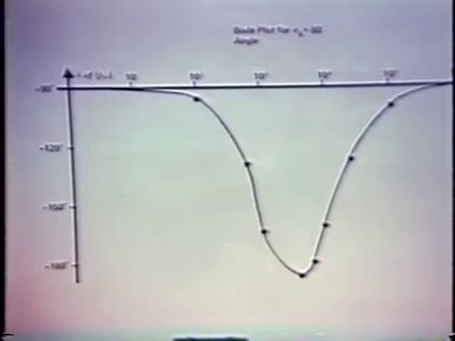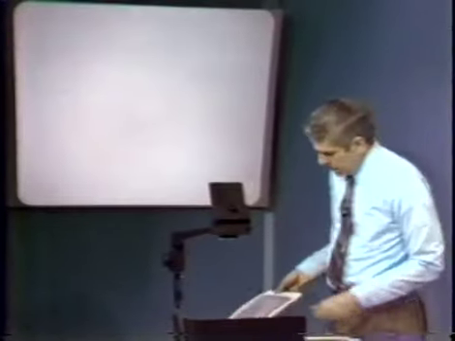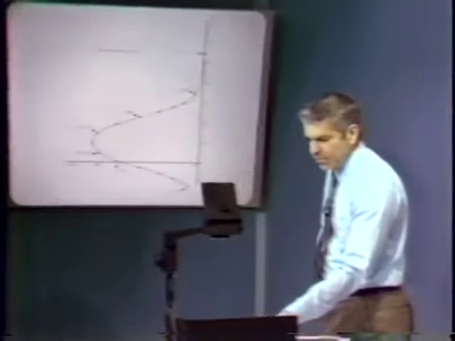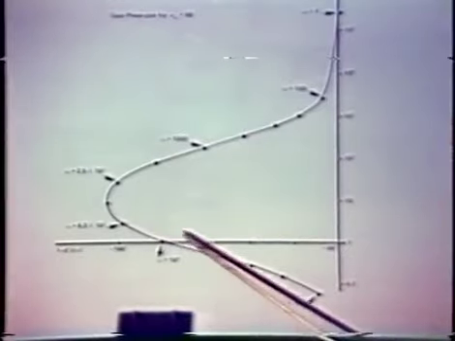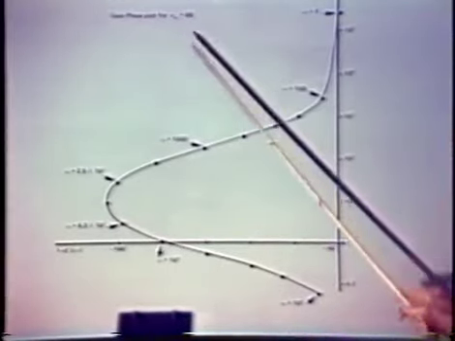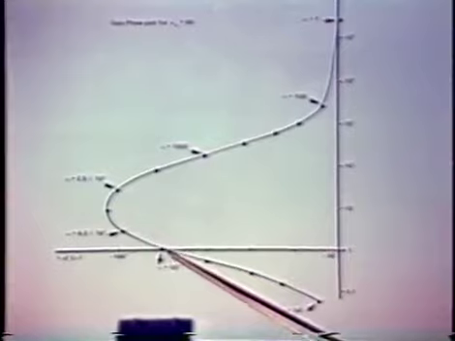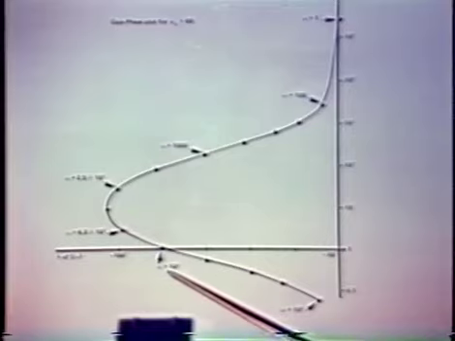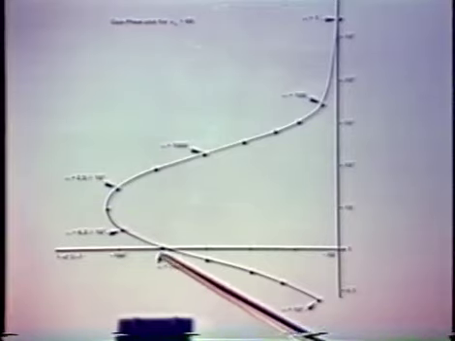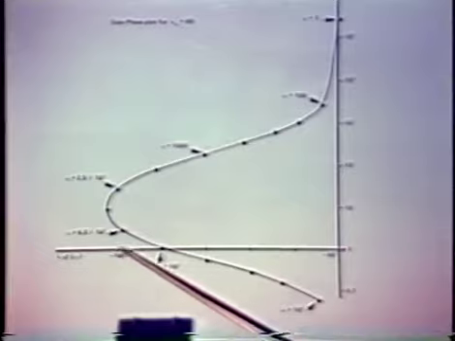We can look at the same system in gain phase form. Again, omega being a parameter, we find out that for A naught equals 80, crossover occurs. Here's the magnitude equals 1 portion. Crossover occurs at 10 to the 4th radians per second. We have roughly 15 degrees of phase margin.